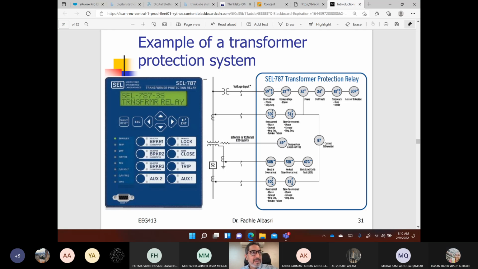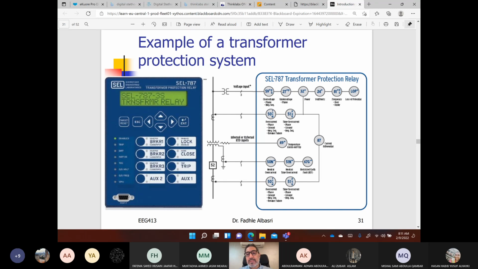Sometimes you take a difference in currents, like differential protection. Fifth, sometimes we take voltage over frequency conditions. Sometimes we take the power, reverse power, which is directional relays.